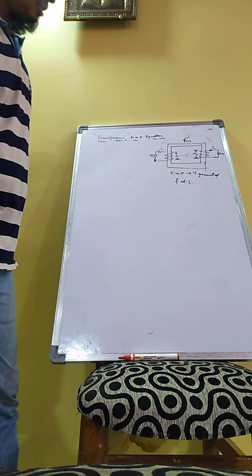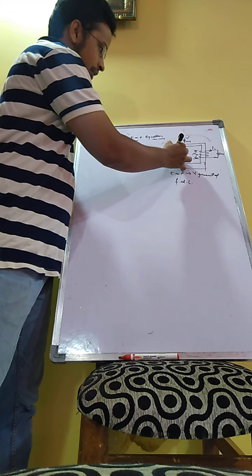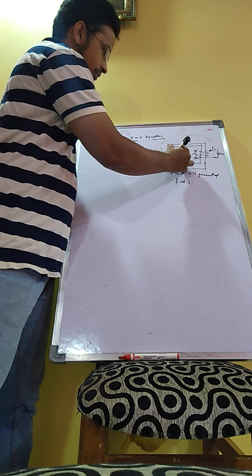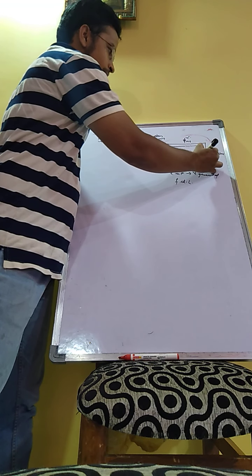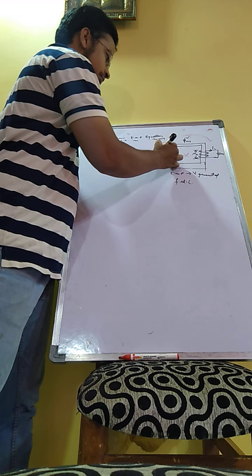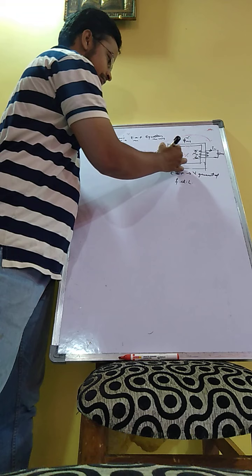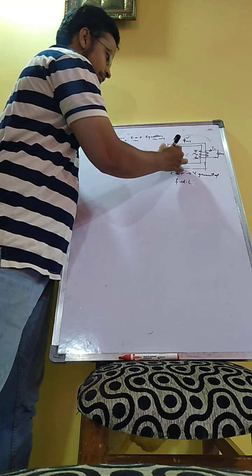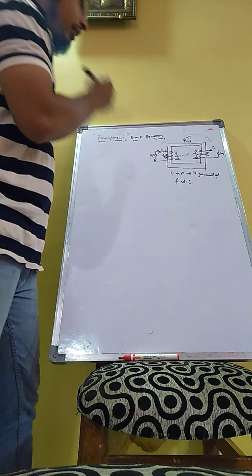In this transformer circuit, these are the primary conductors and these are the secondary conductors. Whenever you apply the sinusoidal voltage here, you get a magnetic field phi 1, and whenever this magnetic field cuts the conductor, EMF is induced.